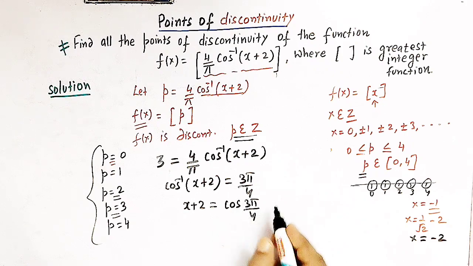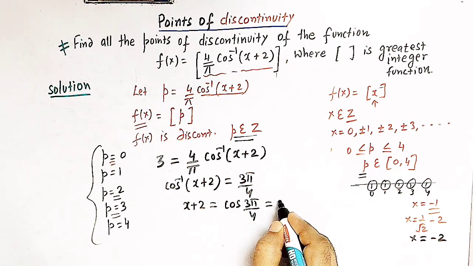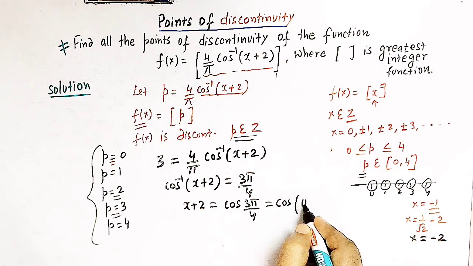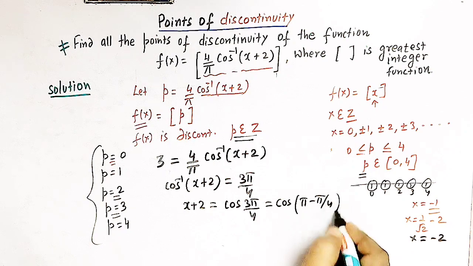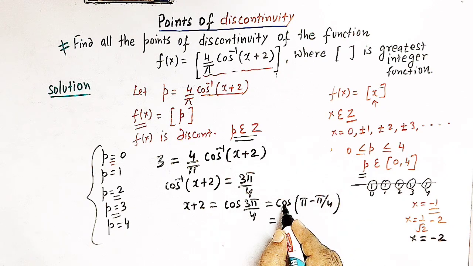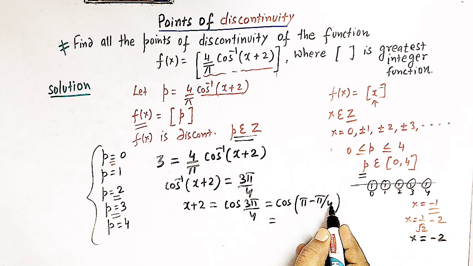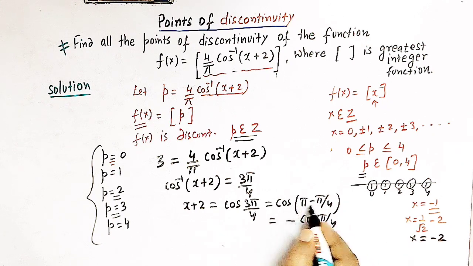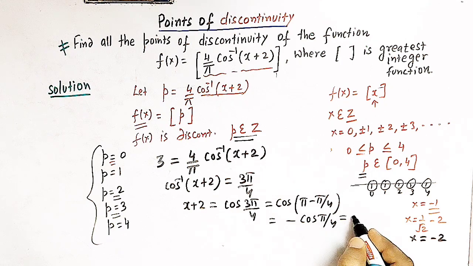Now we can find out the value of cos 3 pi by 4 by cos (pi minus pi by 4), right? We can directly use the value here. See, cos (pi minus pi by 4) is minus cos pi by 4, because cos (pi minus theta) is minus cos theta. So here we have minus 1 over square root of 2, because cos pi by 4 is 1 over square root of 2.